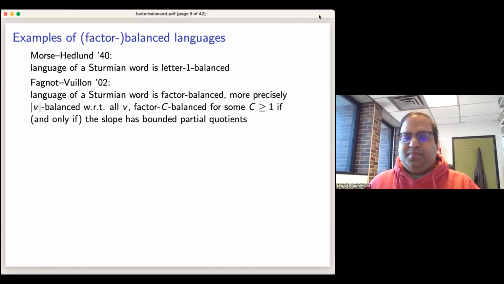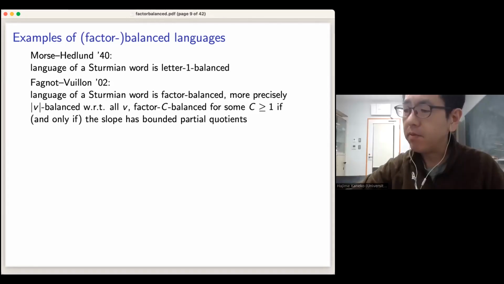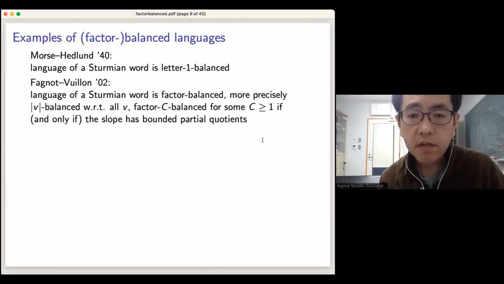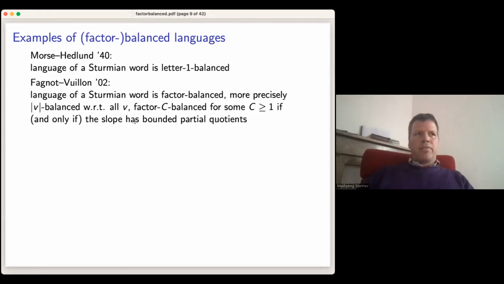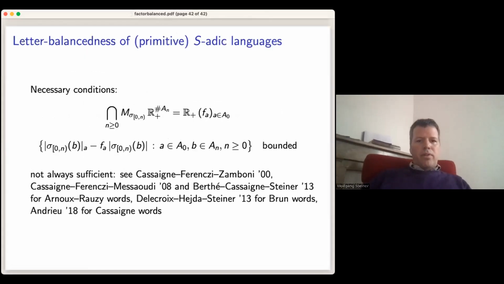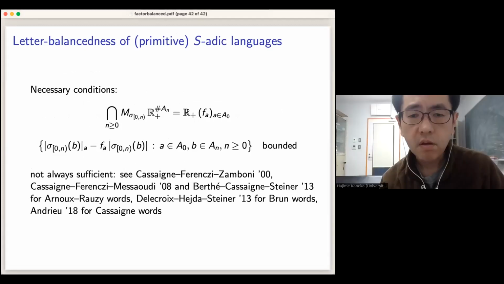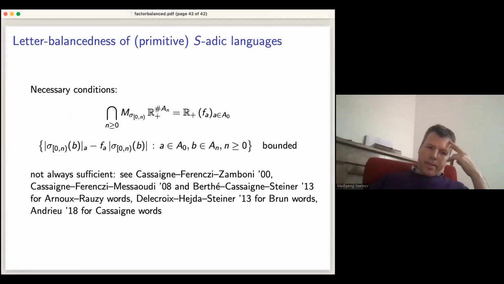Yes, please. I'm sorry if I'm wrong, but you give sufficient computation for balancedness. Sufficient.